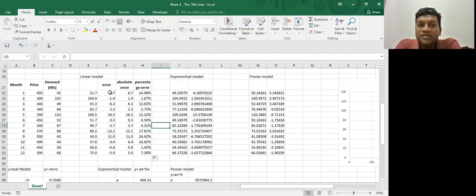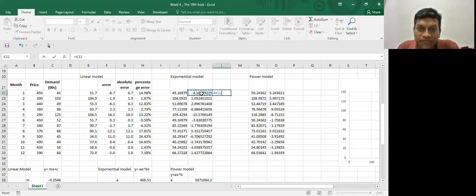Okay, I repeat this for the other models also. Here I'm going to do this in a single go. This is the value, and let me find the error. I find the absolute value of this, divided by the actual demand.